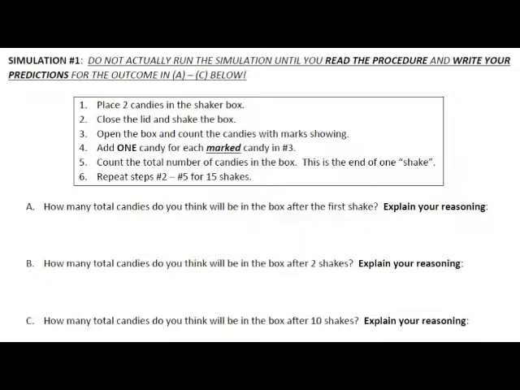I'll give you a little bit of time to think about that and write an answer. Question B says, how many total candies do you think there will be in the box after 2 shakes? Explain your reasoning. Take a little time to think of that.